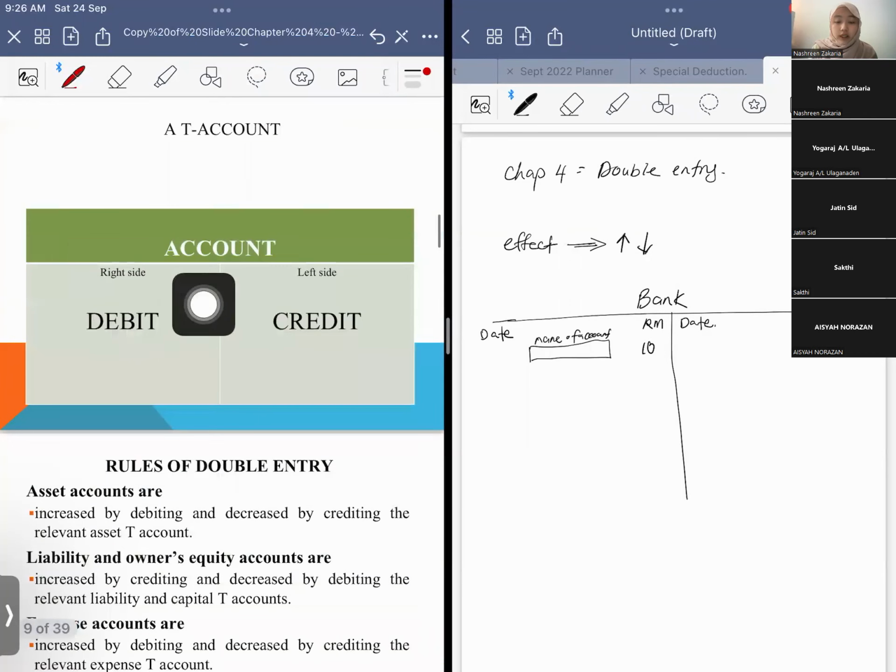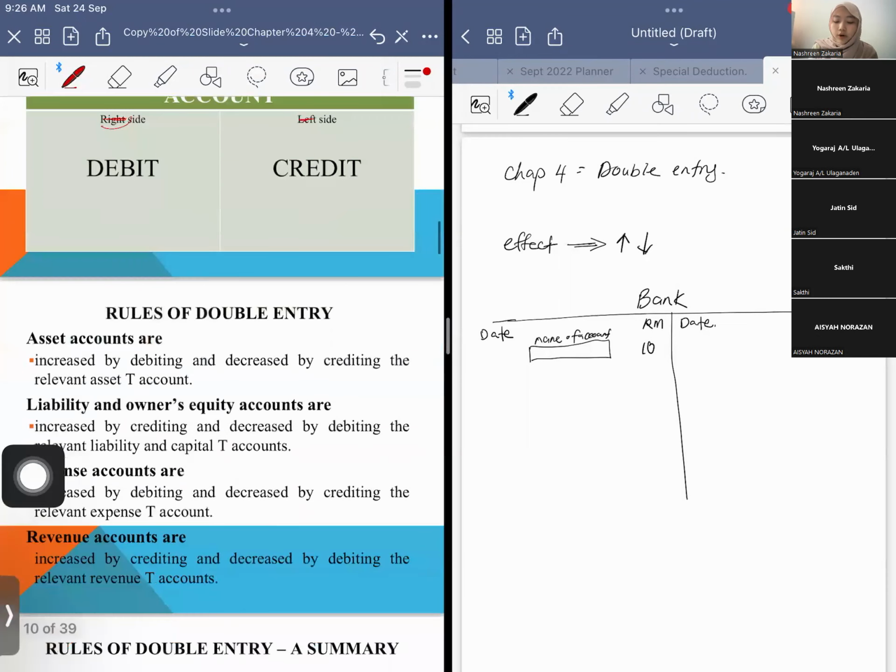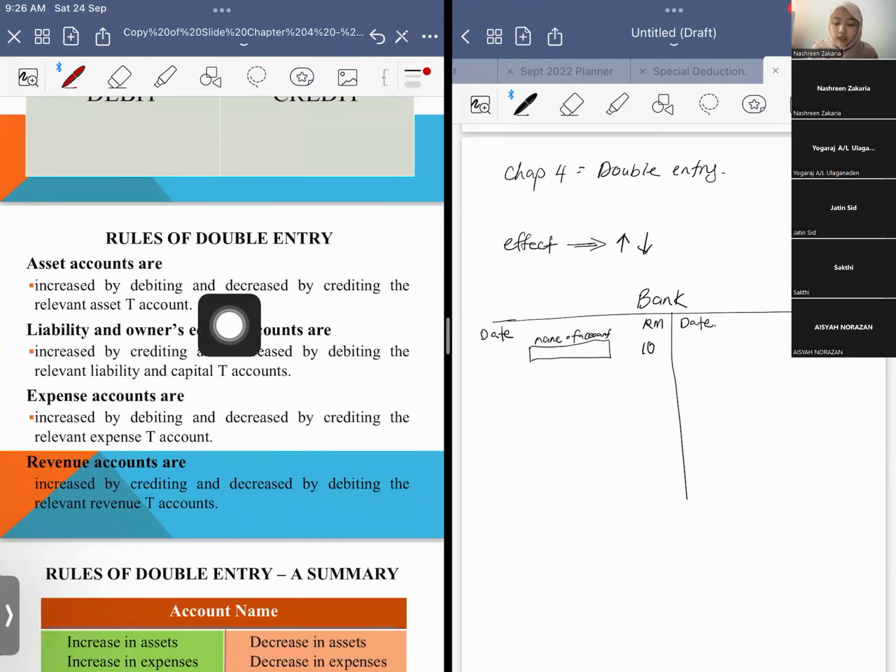And you know already that this one is the left side. Oh, this is wrong, actually this is the left side, not the right side. Left side here is debit, right side here is credit. Now, rules of double entry. I will not go through all of these because I'm sure you will get confused later on.